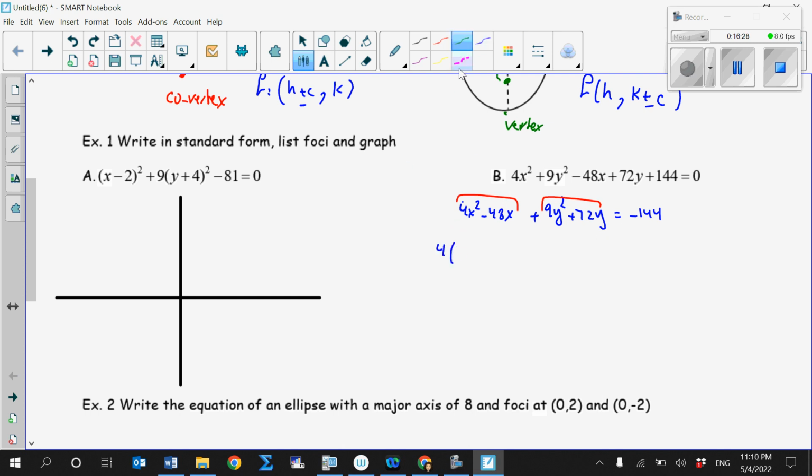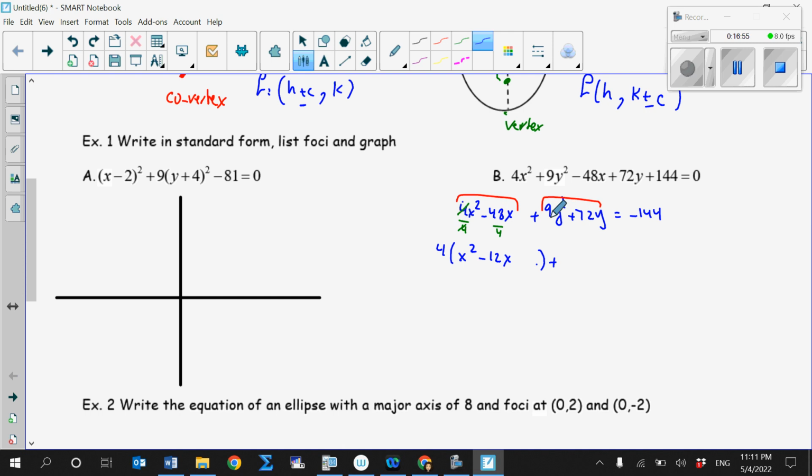When I factor something out, that means we're dividing the term by that factor. So these two will go away and we'll have only x squared, and negative 48 divided by 4 is negative 12x. Okay, now I'm going to leave some space here because I want to find the missing term and add it here to create my perfect square.